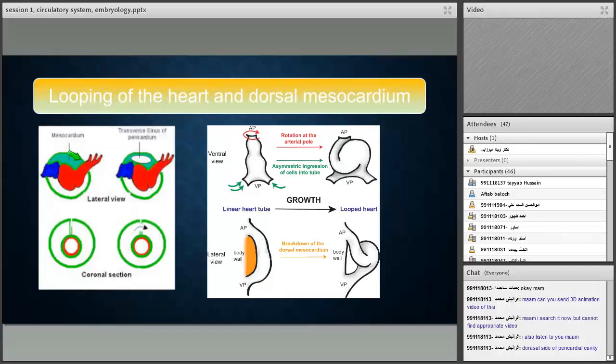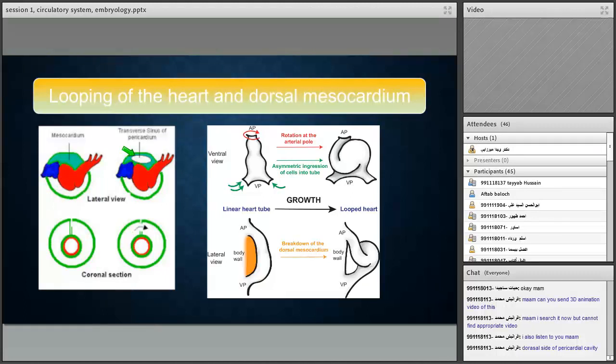But after some time, there would be some holes in the dorsal mesocardium. The dorsal mesocardium is derived from the secondary heart field.